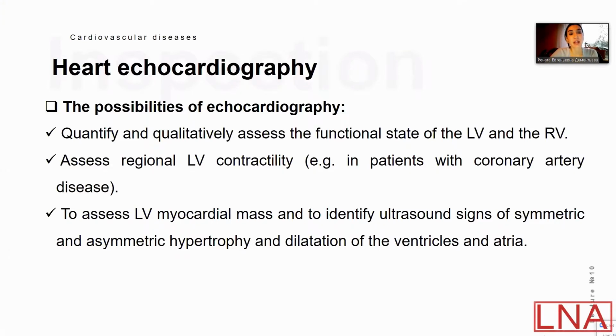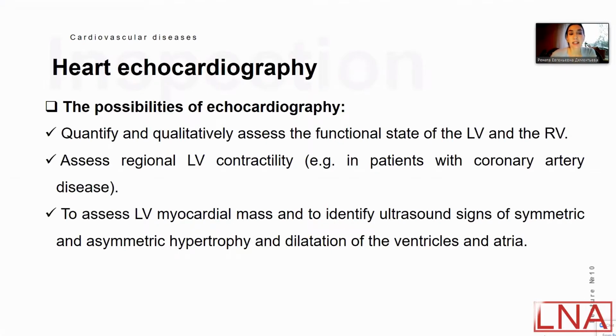We can find areas with hypokinesis and zones of akinesis, as signs of previous coronary heart disease or acute signs of coronary heart disease, like myocardial infarction.